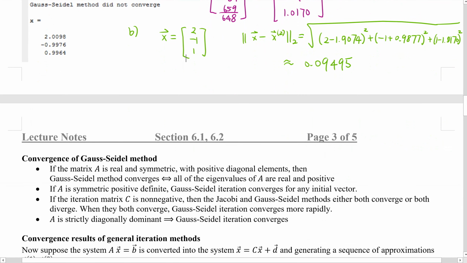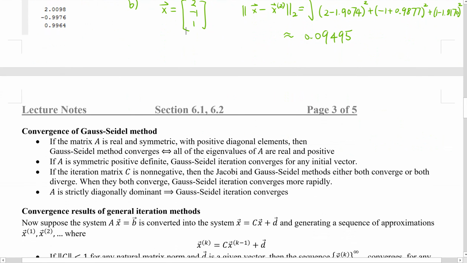Okay, so here is the convergence of the Gauss-Seidel method. If the matrix A is real and symmetric with positive diagonal elements, then the Gauss-Seidel method converges if and only if all the eigenvalues of A are real and positive. If you can remember, that is one of the equivalents to say A is symmetric positive definite.